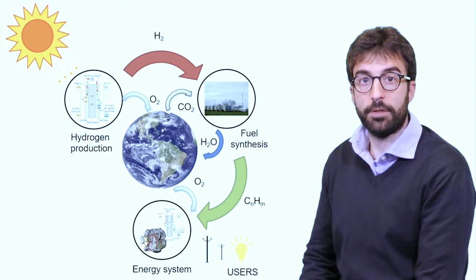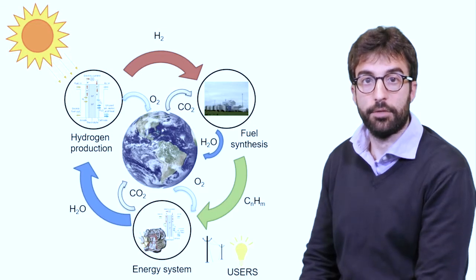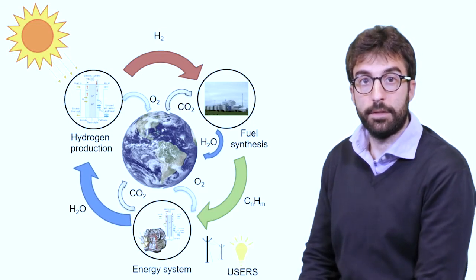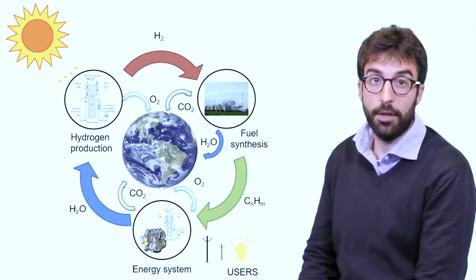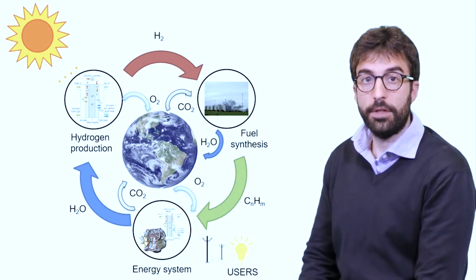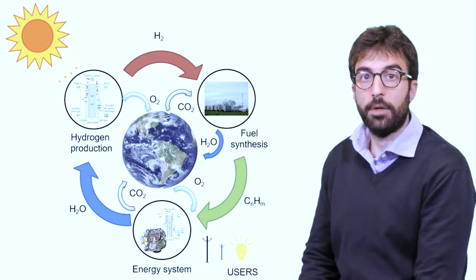The output of this process, which usually uses oxygen taken from the atmosphere, is again carbon dioxide and water. The result is that we can close both the water and carbon dioxide cycles, and the oxygen cycle.